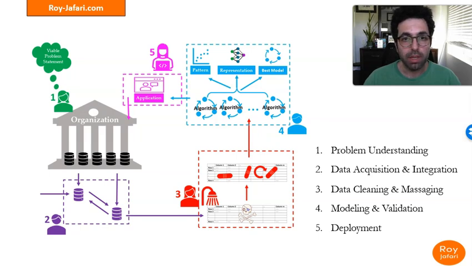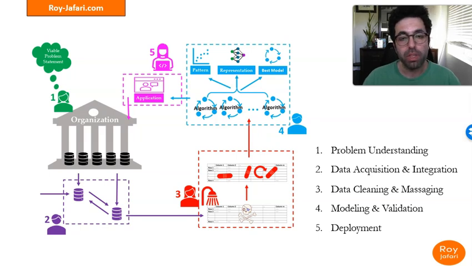The second, the purple one, is data acquisition and integration. This part is basically working with the databases to bring together the sources of data that are going to be conducive to helping the problem in stage 1.